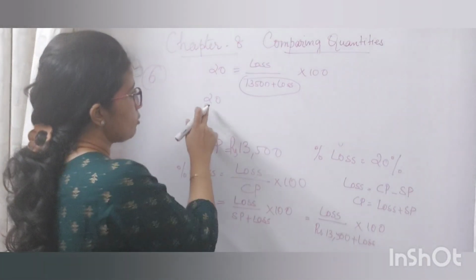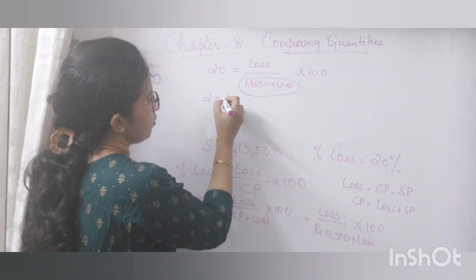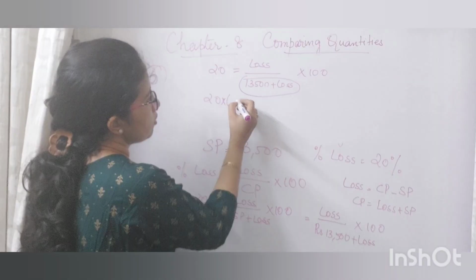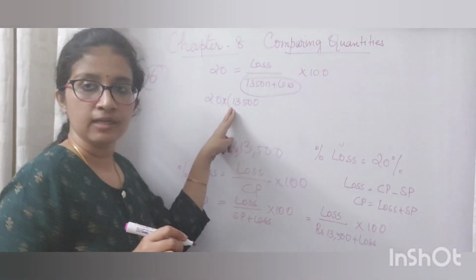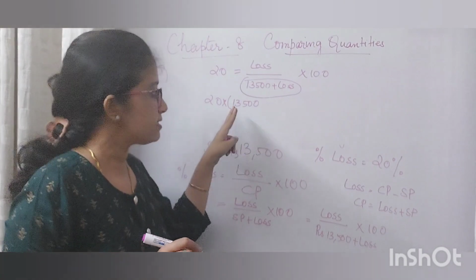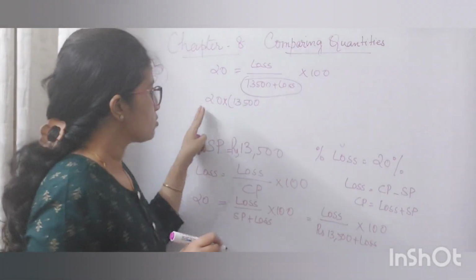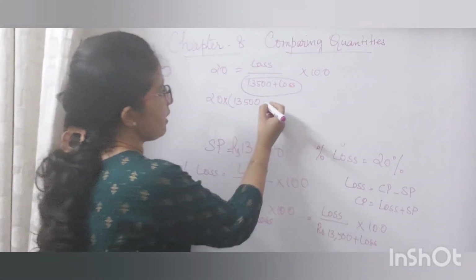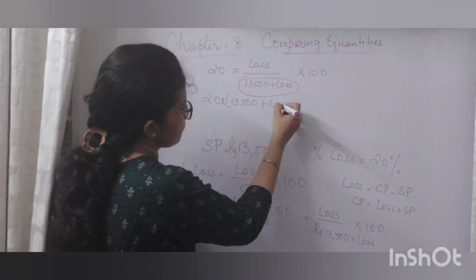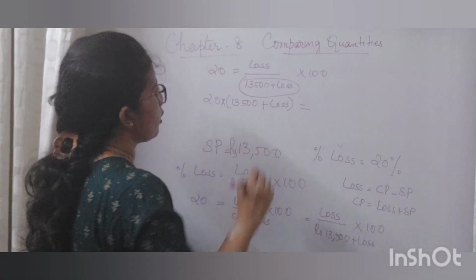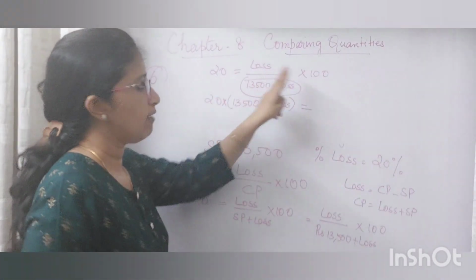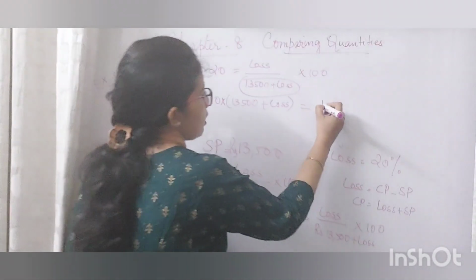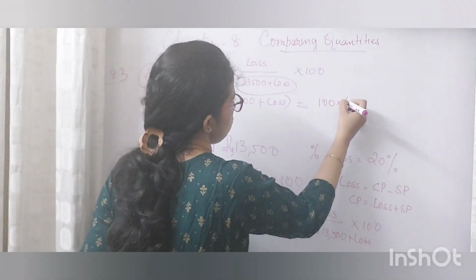Okay, so 20 into 13,500. This is inside bracket. Okay, this bracket is very important. This is inside bracket. Okay, so 20 into 13,500 plus loss is equal to what? 100 into loss. Correct? This side you have 100 into loss.